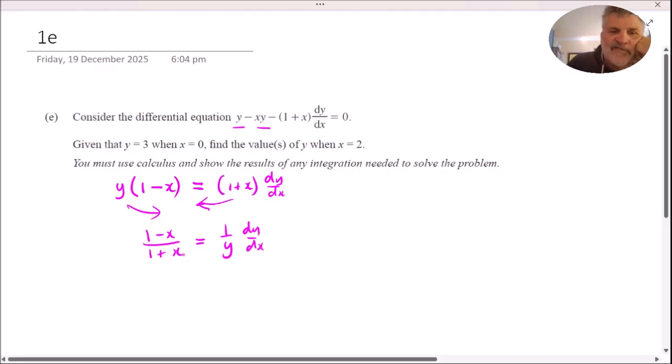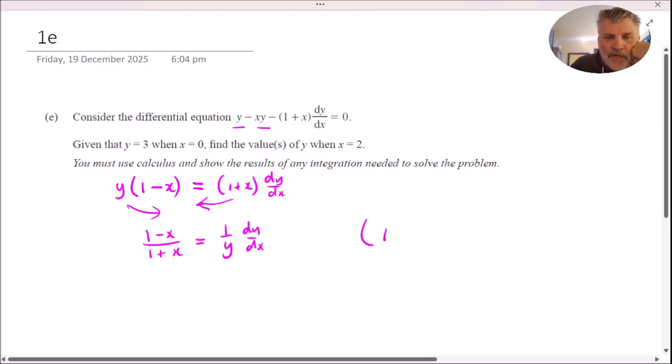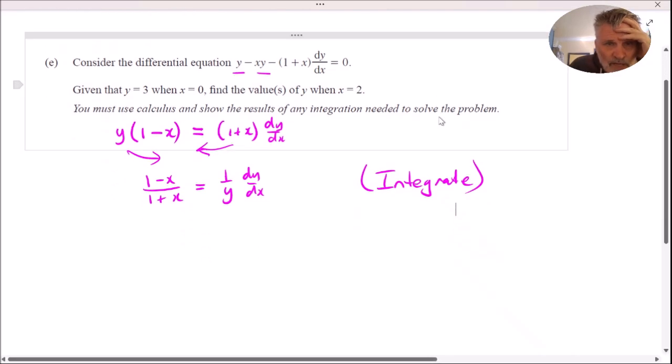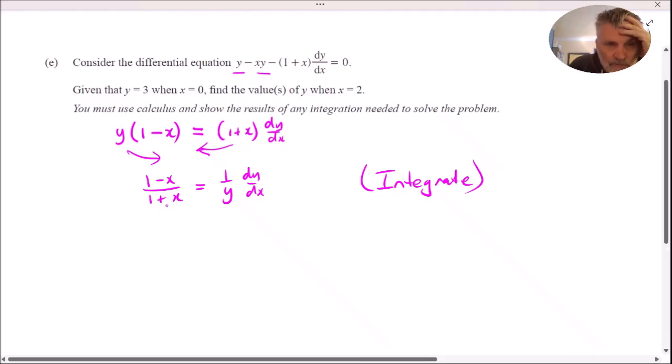Now we've successfully separated the variables. We've only got y's on this side, aside from the dx, and x's on this side. When they're separated, you can solve this simply by integrating. Before we do that, this one here is going to require some extra technique to integrate.